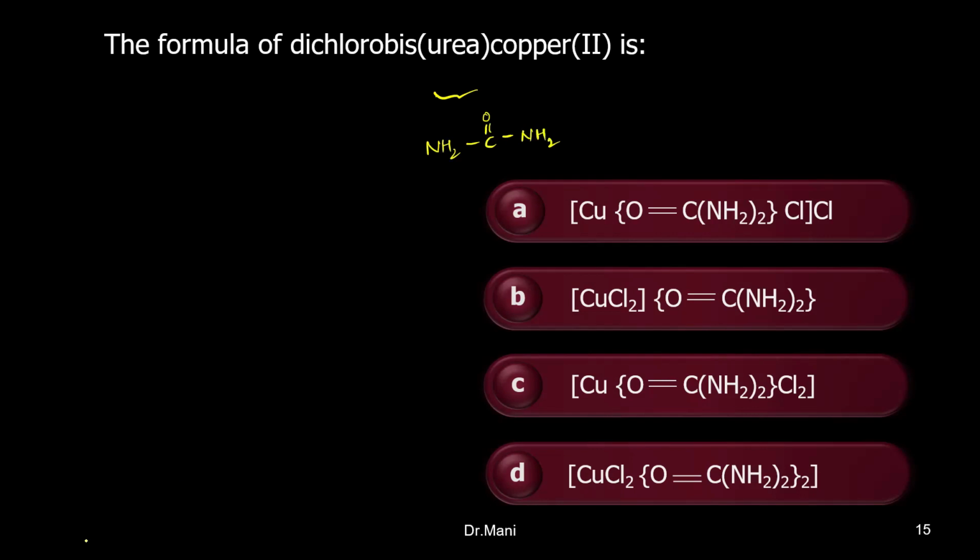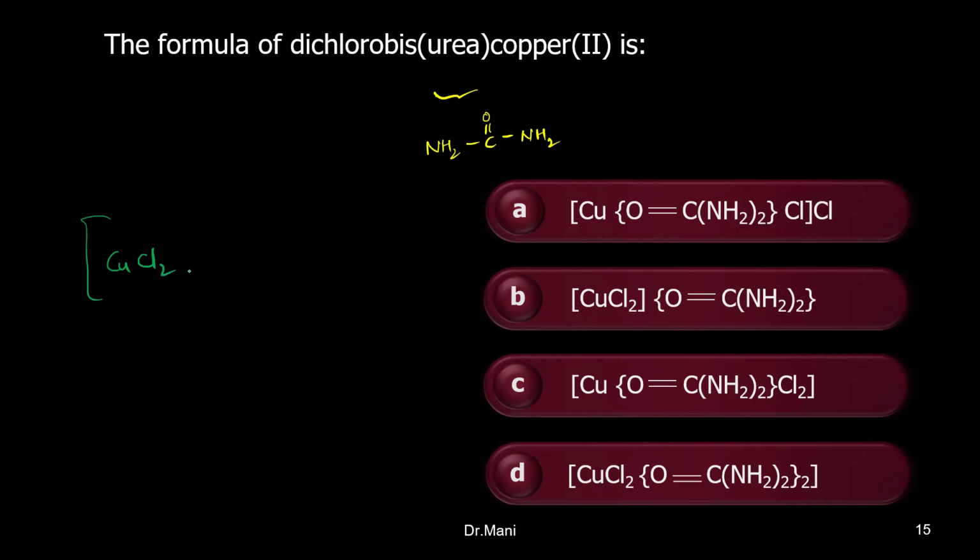So tell me, what is the central atom first? Come on, tell me. In the square brackets, first what should I write? Copper, sir. Yes, copper. Next, chloro, sir. How many chlorines? 2. So Cl2.